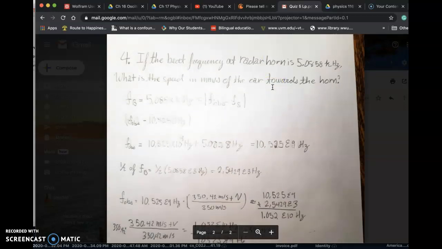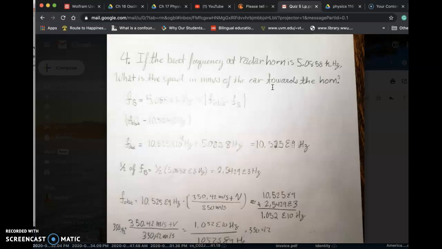Finally, we know that the beat frequency is equal to 5.085 kilohertz, which is equal to the absolute value of F observed minus the standard frequency of 10.525 gigahertz.